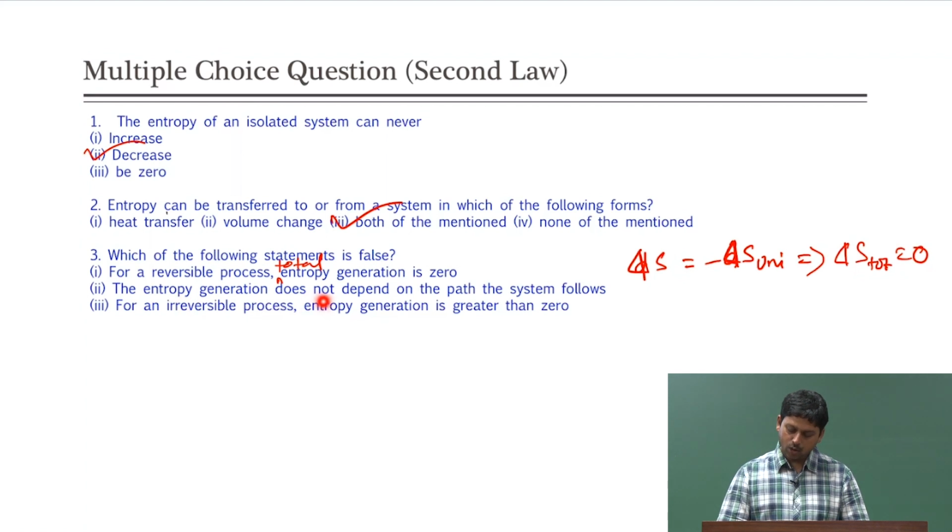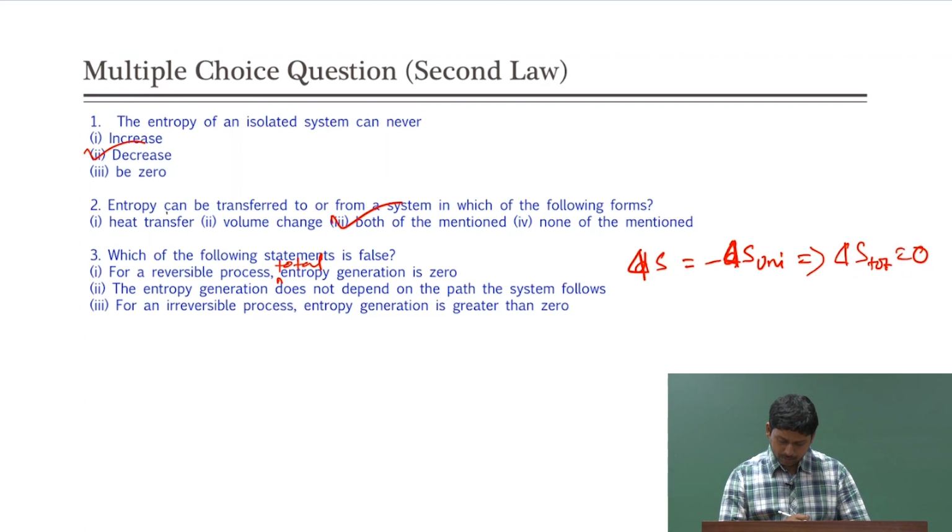The entropy generation or the total entropy does not depend on the path it follows. Now, if it is an irreversible path, then we have to construct a different path that is reversible and calculate the entropy.